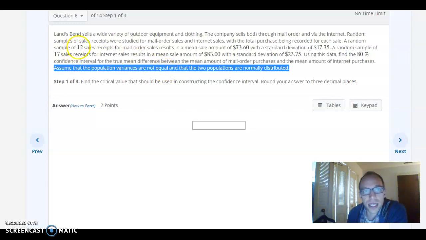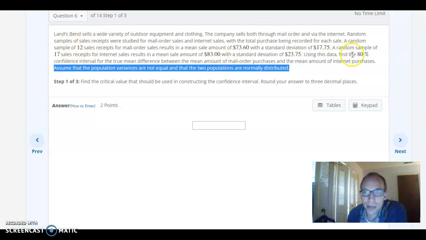And it also means that for the degrees of freedom, instead of adding these two numbers and subtracting 2, that's what we would do if the variances were equal. Because they're not equal, we're going to find the smaller sample size and subtract 1. So we would be looking up on the table 11 degrees of freedom.